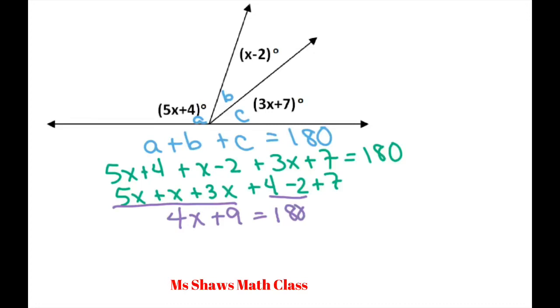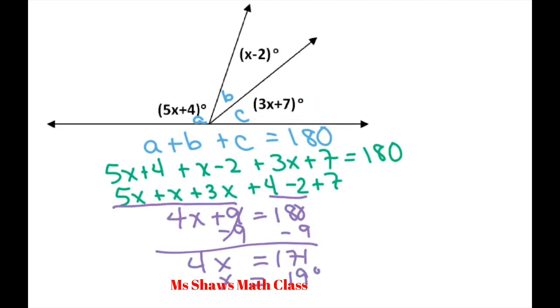All right, and subtract 9 from both sides. You get 4x, that zeroes out, equals 171. Divide both sides by 4, you're going to get 19. Now we're going to find the measure of angle A, and that equals 5 times 19 plus 4.